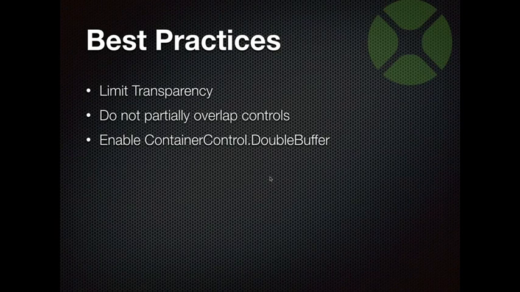Another thing we added to the control is this double buffer feature. And this actually turns on a feature in WinRT that actually does compositing. The reason why we don't do this on a global scale is because WinRT compositing is actually very slow. So if you really need WinRT compositing, you can enable this double buffer property on the control. But notice that your app will kind of slow down because WinRT does its own compositing.